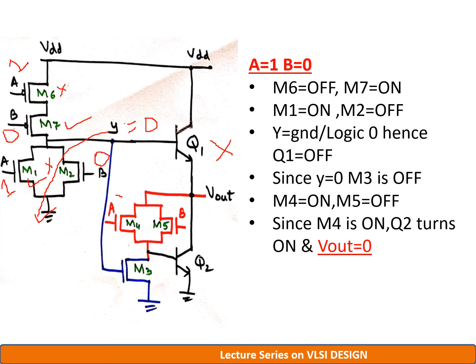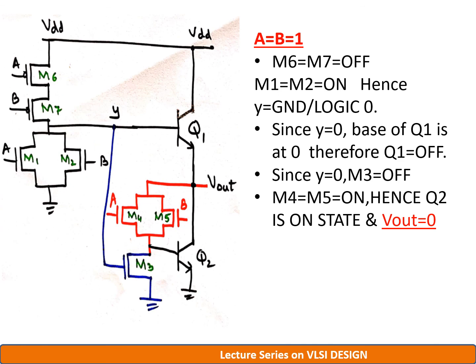And since A is 1, M4 will be in on state, B is 0, M5 will be in off state, and this M3 will be in off state because the gate input is 0. And since M4 is on, base of Q2 is provided with sufficient voltage to turn on, hence Q2 turns on and the output node discharges to ground. Therefore Vout equals 0. So when A is 1, B is 0, for 2 input NOR gate the output will be 0.